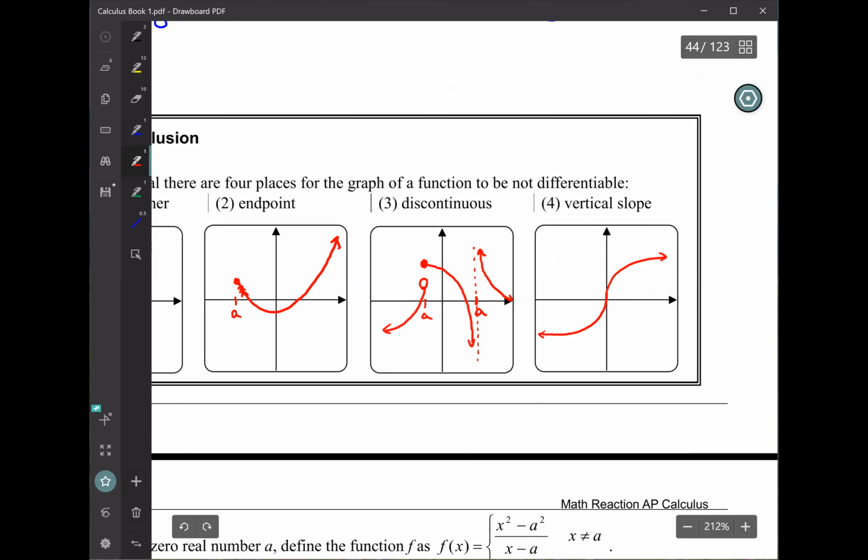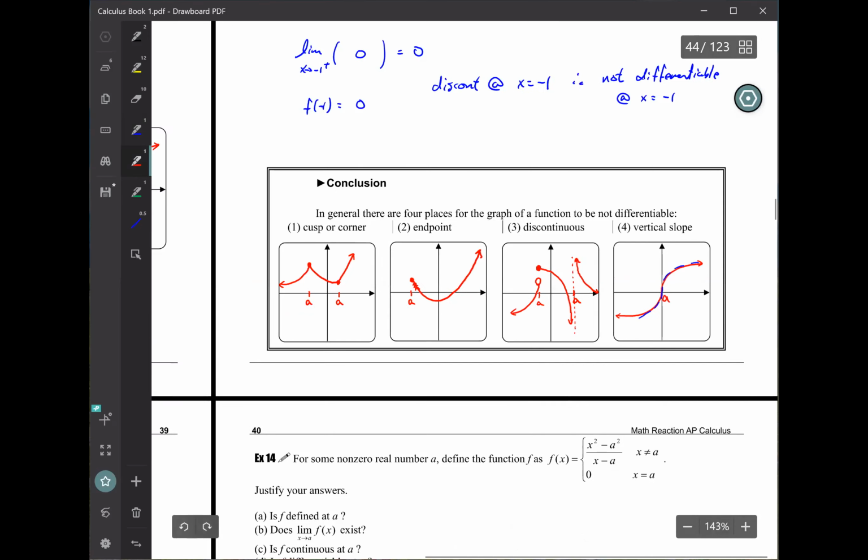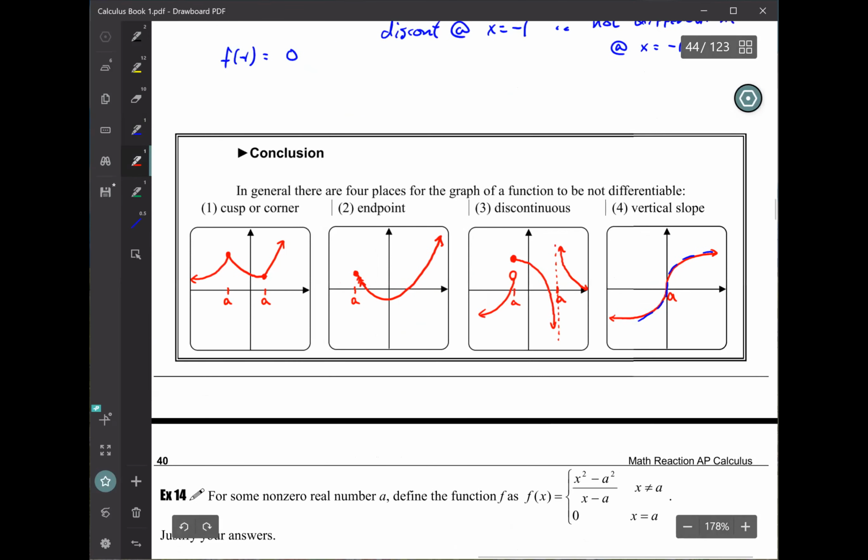The tangent line at the middle, here, is positive, more positive, and then becomes vertical, and then less positive, less positive, less positive. So at this place, that's where it's not differentiable. So 3 places.